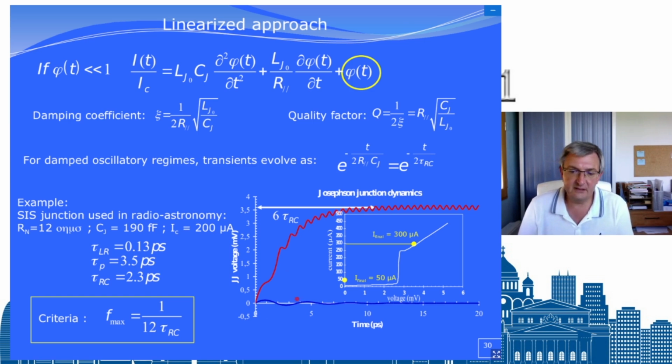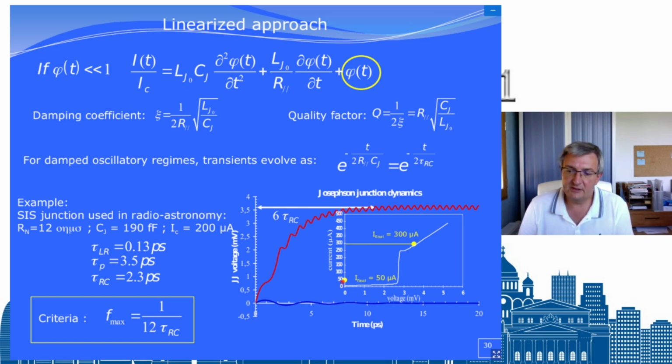But now let's see what happens when you want to bias the device. For example, you are at 0, you want to bias it at 50 microamp. So you will stay on this branch because you are not above IC, the Josephson Cooper pair critical current.